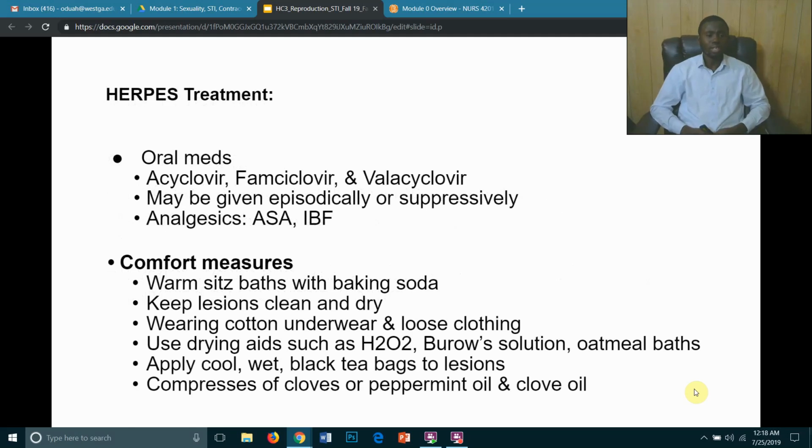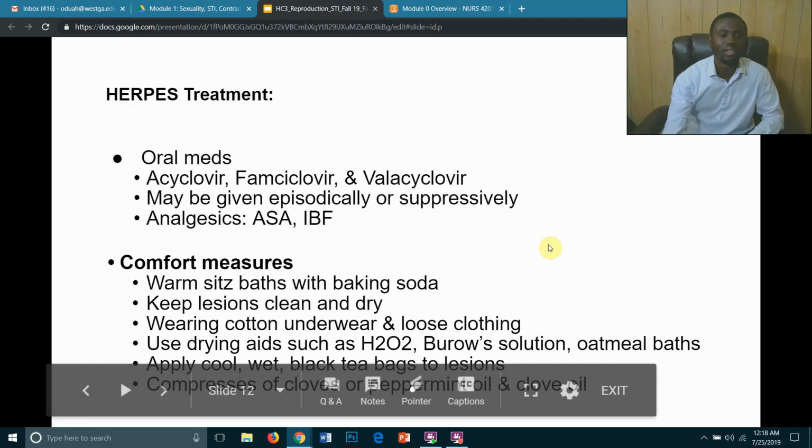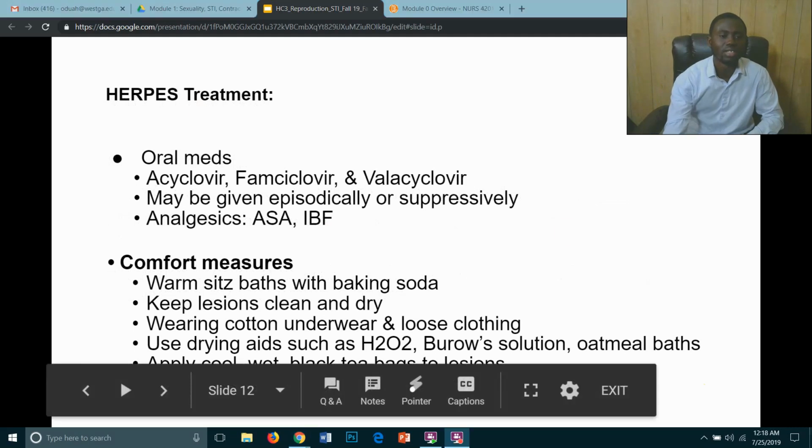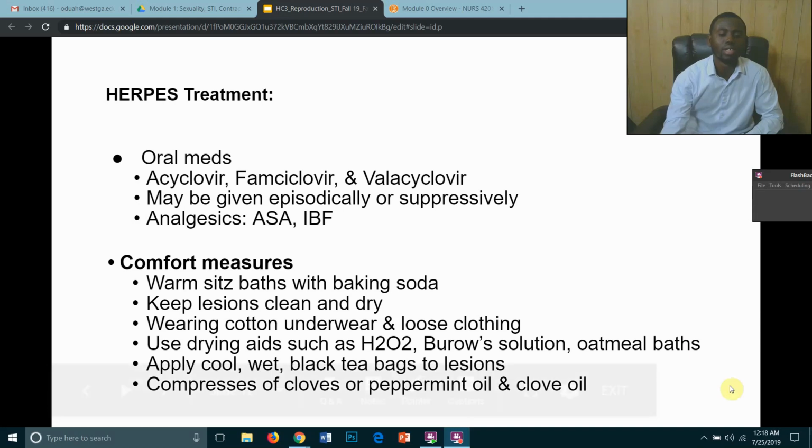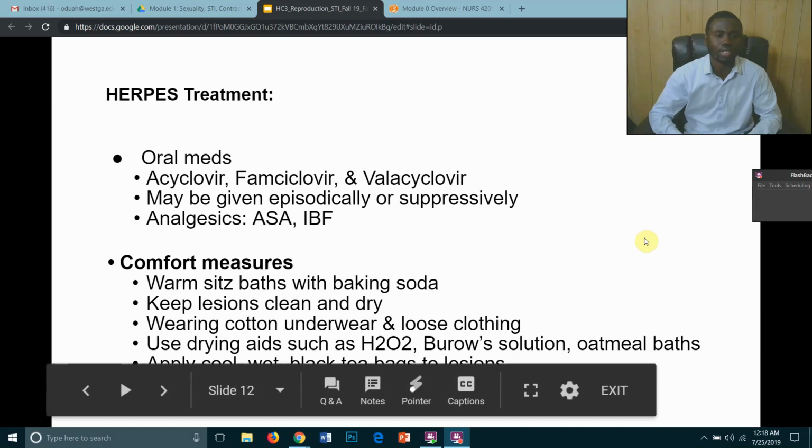Treatment of herpes includes antiviral drugs, and the drugs decrease the severity, promote healing, and decrease the frequency of outbreaks, but they do not cure the infection. As I said, this infection is chronic, and once you develop it, you are not going to be able to cure it.